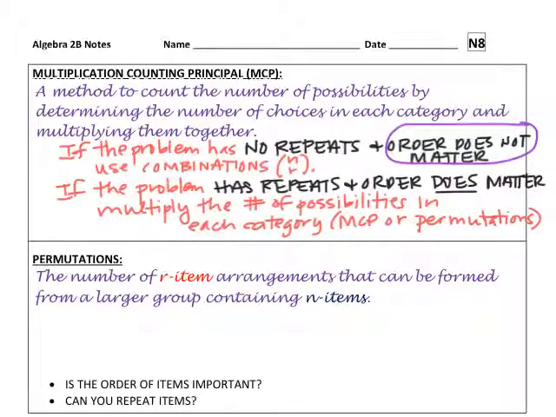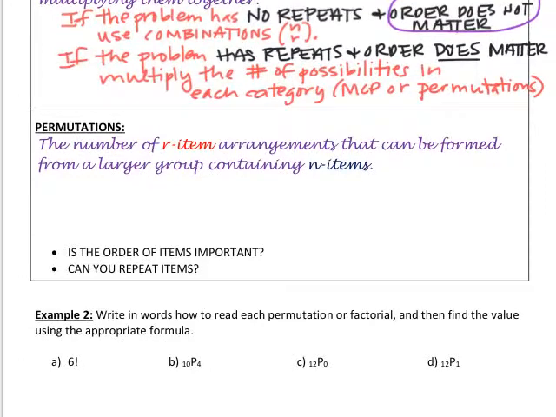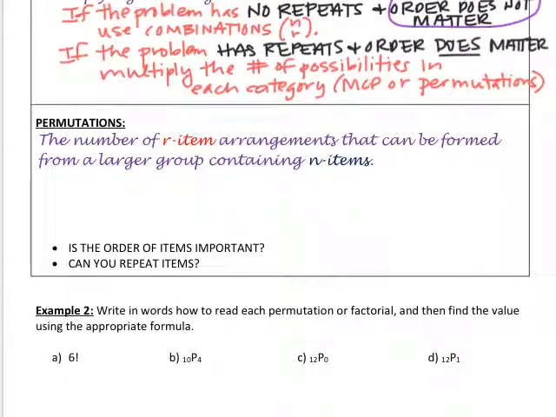Now, the definition of permutations is the number of r item arrangements that can be formed from a larger group containing n items. So just as a note here, we cannot use this notation for permutations, okay? That's only for combinations. So I would like to put here the way that you're going to write the permutation notation.